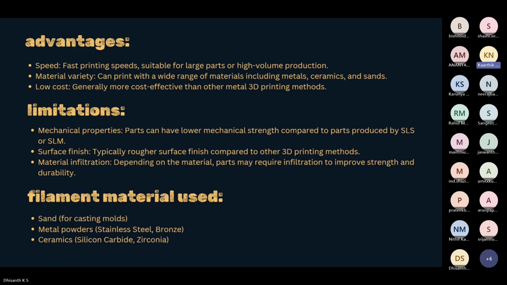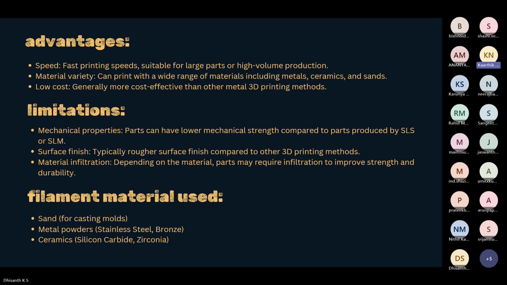Yeah, the advantages are its speed: fast printing speeds, suitable for large parts or high volume production. Material variety: can print with a wide variety of materials, including metal, ceramics, and sands, like we saw before. DED also has the same advantage. Low cost: generally more cost effective than other metal 3D printing methods.